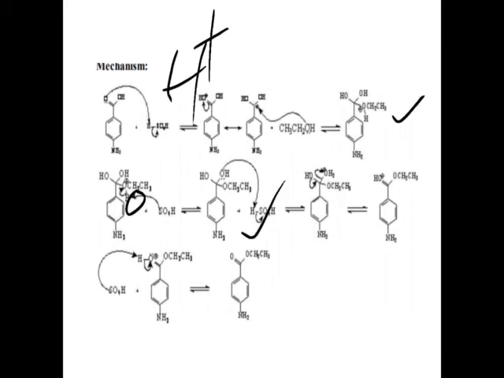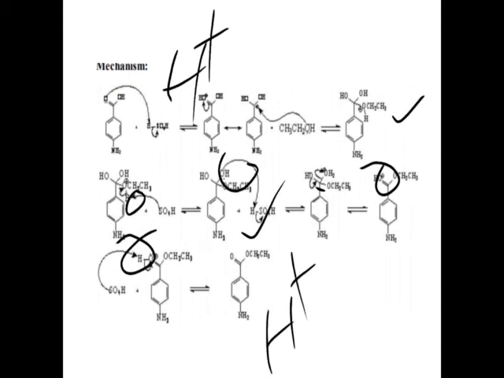Again this H plus ion, this hydroxy group is converted into a water molecule, and this bond is converted into the double bond. And finally this hydrogen is removed in the presence of HSO4 minus. So H2SO4 is generally converted into H plus and HSO4 minus.